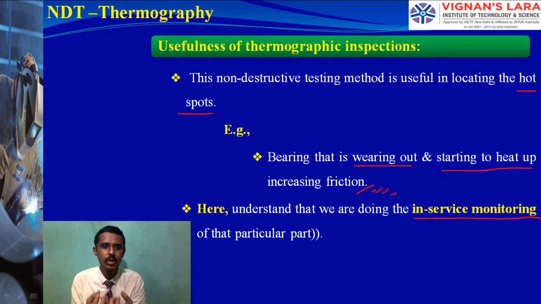We want our product, the bearing we delivered, to sustain the temperature. So what do we have to do? We have to do trial and error at our fabrication site itself: how far it will wear, how much friction it is able to withstand. How do we know these things? We should measure, we should inspect. Then we understand. So for inspecting we are using some methodology. This methodology is to measure the heat.